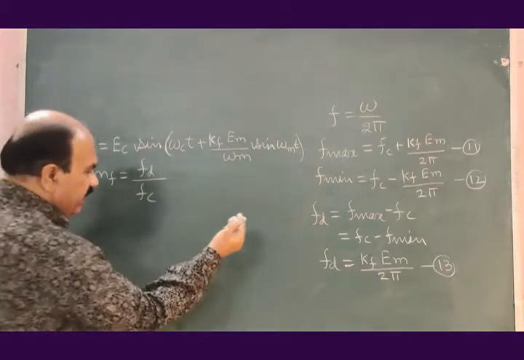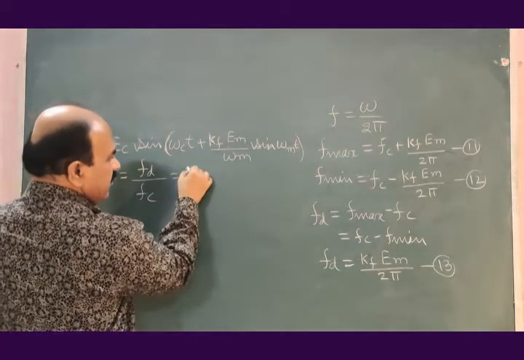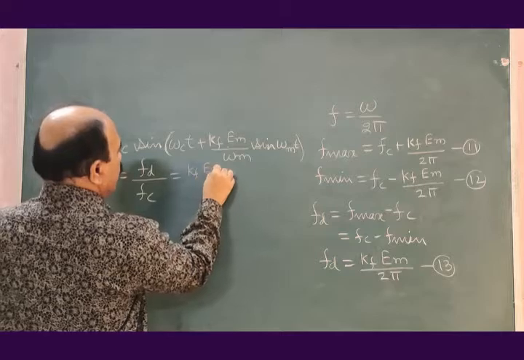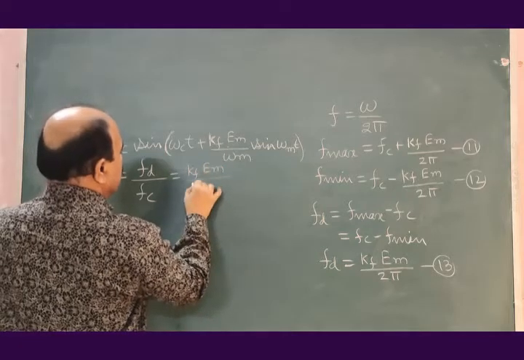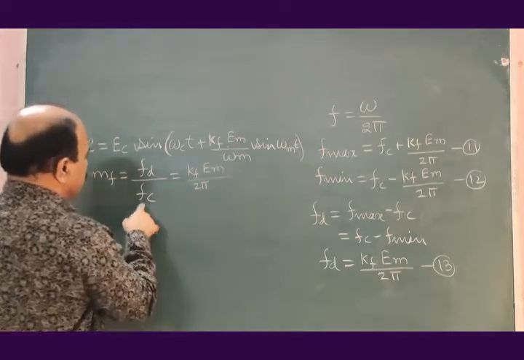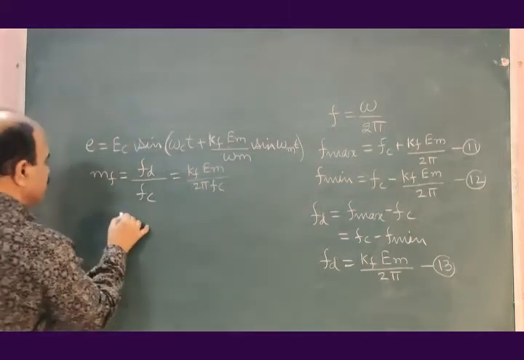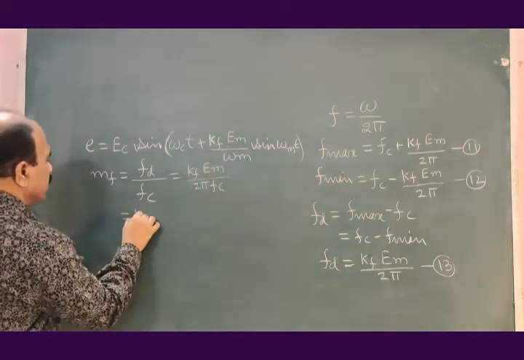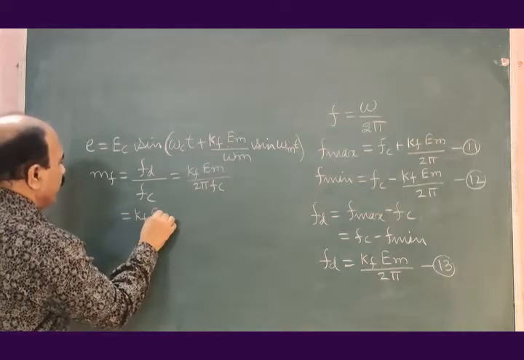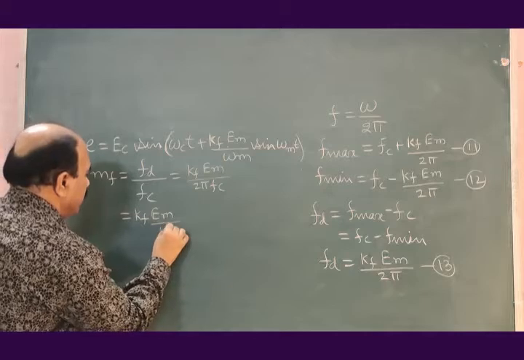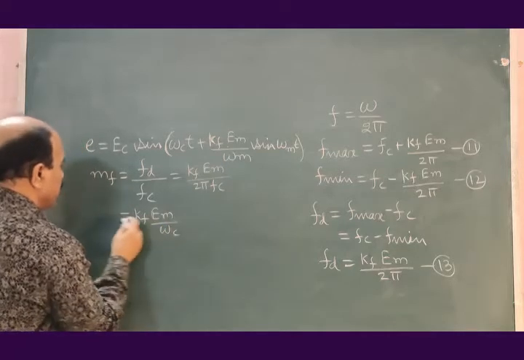You know Fd is Kf into Em divided by 2 pi. Put this Fc here, and this is nothing but Kf Em divided by omega c.